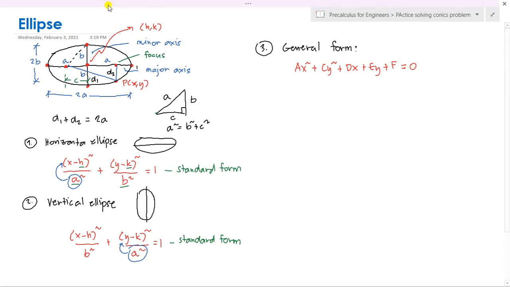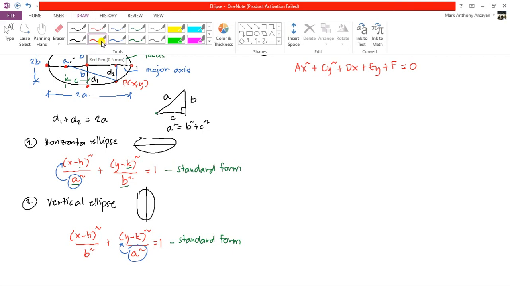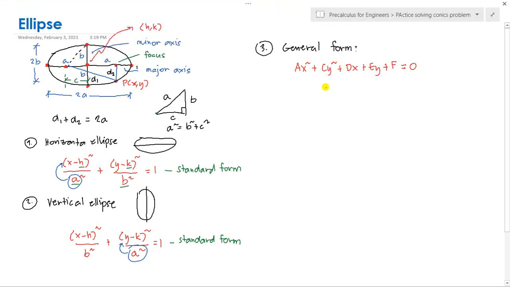Again, for an ellipse, b is equal to 0 and then a is not equal to c.